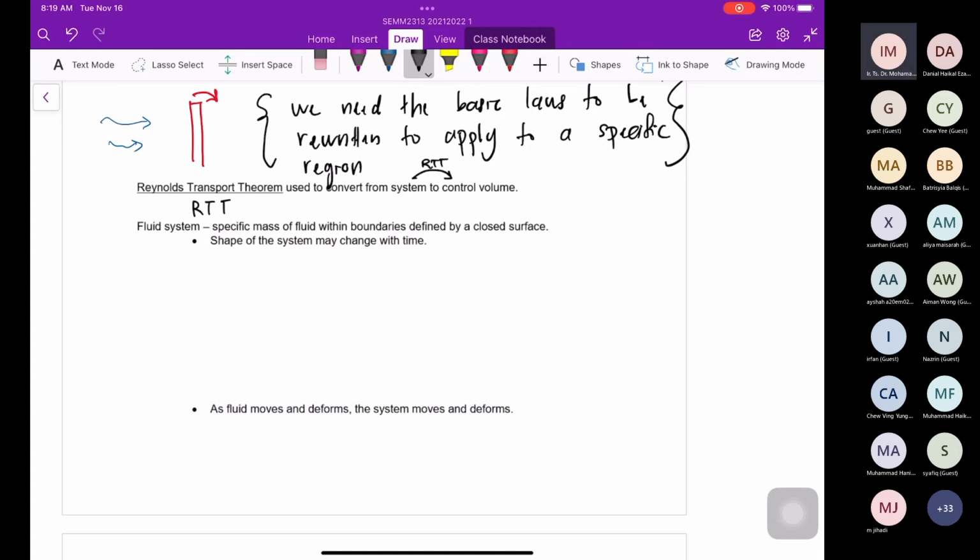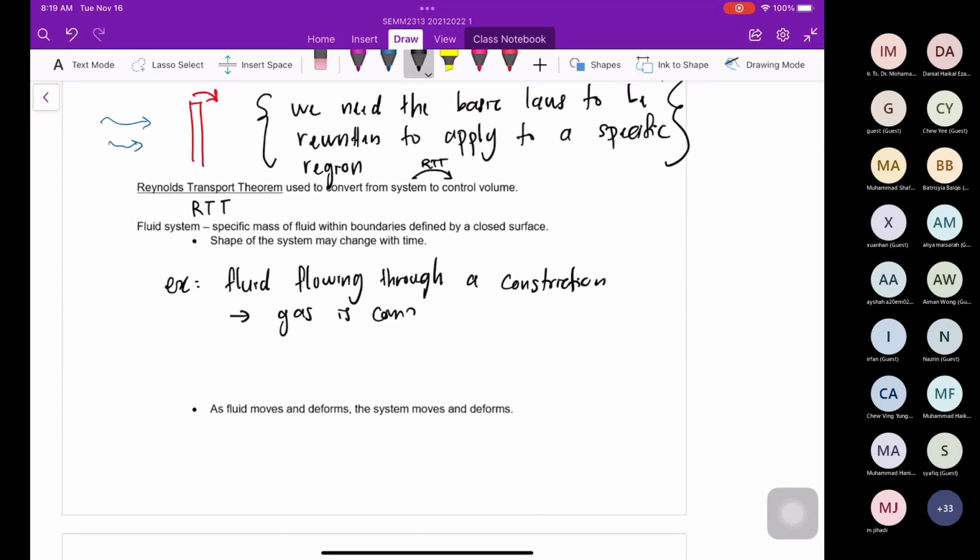For example, the fluid flowing through a constriction. That means the gas is compressed. So a specific mass of fluid within the boundary defined by the closed surface. The shape of the system may change with time.